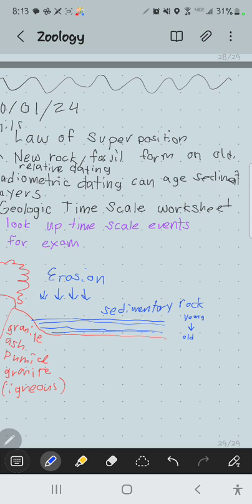And the idea is, if you find fossils in here, let's say you find some kind of bones here, or a snail shell here. If you find fossil A and fossil B, what you can estimate or infer is that B is older than A. You don't know how much older.